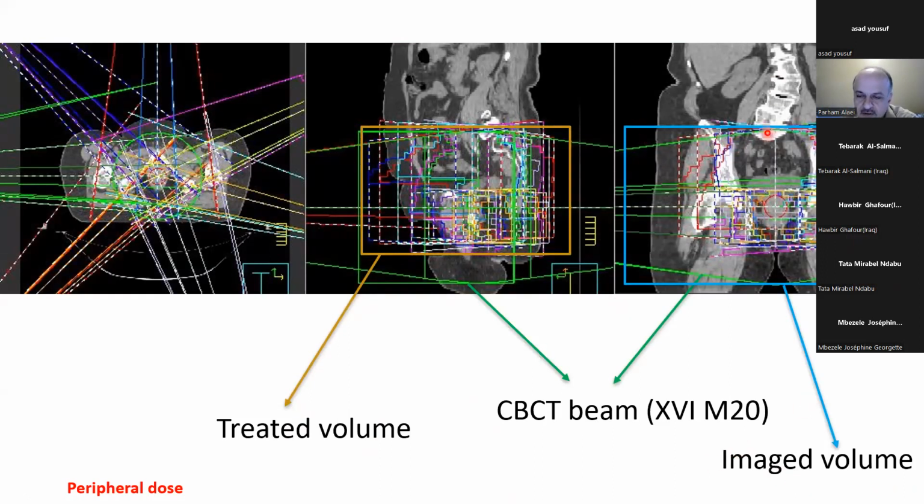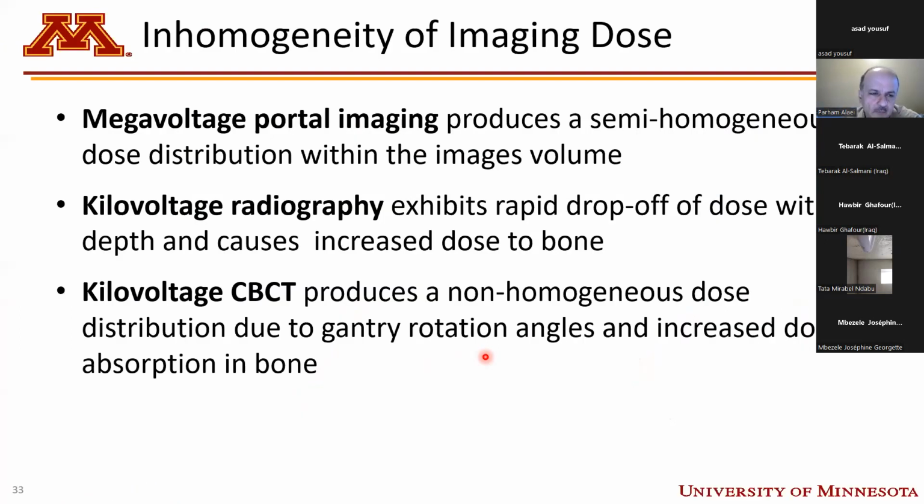In this case, the superior border is the same, but the inferior border actually extends into the patient's groin area. So you do expose more of the patient to the imaging dose than the treated volume by the mere fact that you're limited by the number of cassettes that you have on an Elekta unit, and by the blade settings on your Varian unit.